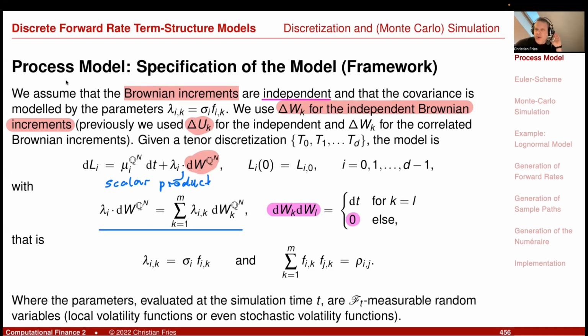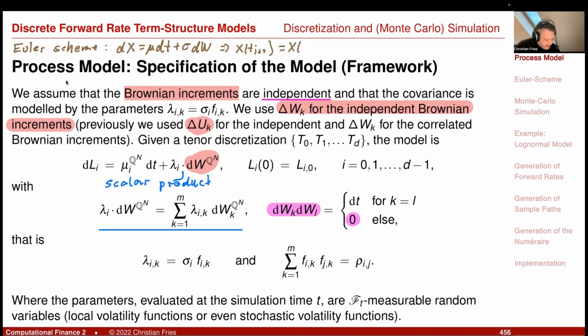Maybe you already know the Euler scheme. The Euler scheme of a stochastic process is just doing the integral over dx from one time discretization point to the next.